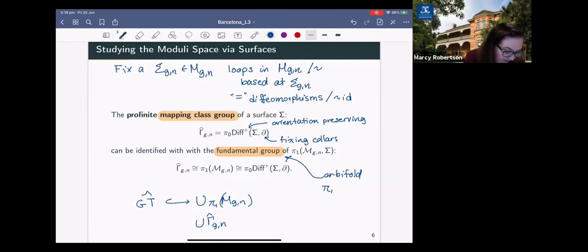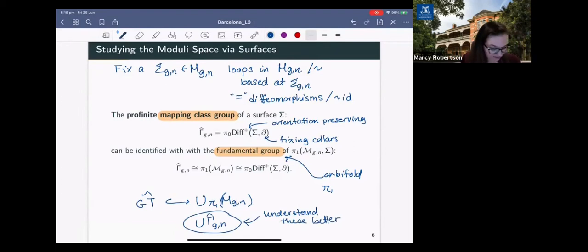Right? So I'm going to look at mapping class groups because I kind of understand these better. I'm not saying that everyone does, I'm just saying that I happen to like them. Okay. So that's why we're going to go down to surfaces.